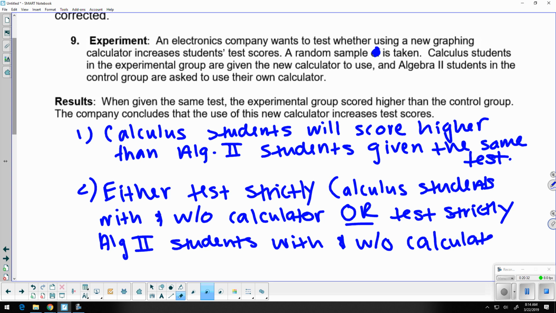So that's really the best way to gauge how this is going to work.